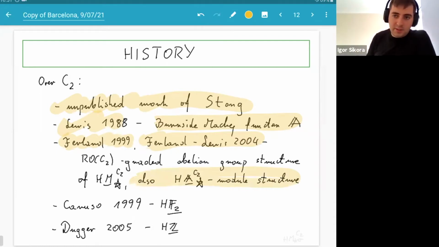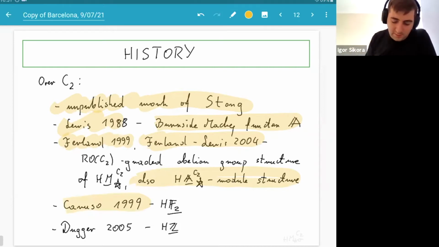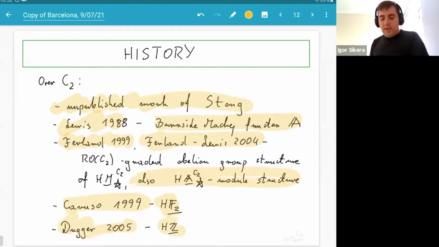Other explicit computations were given by Caruso in 1999. I'm not sure who was the first, whether it was Caruso or Holler, so I'm just giving it in this order. He computed the coefficients of HF2, and Dugger in 2005 computed the coefficients of HZ.